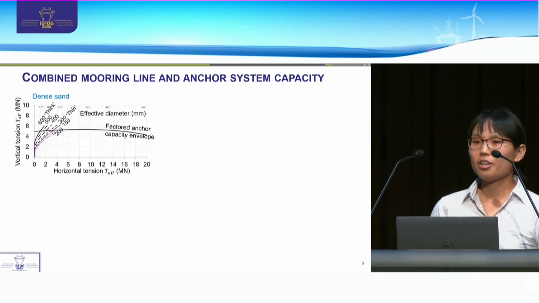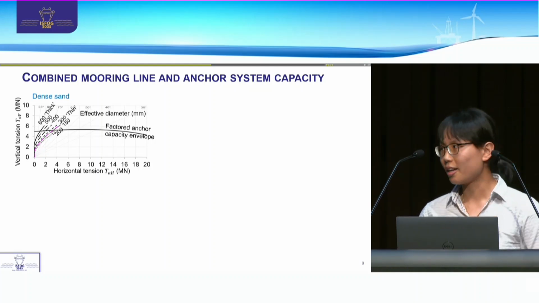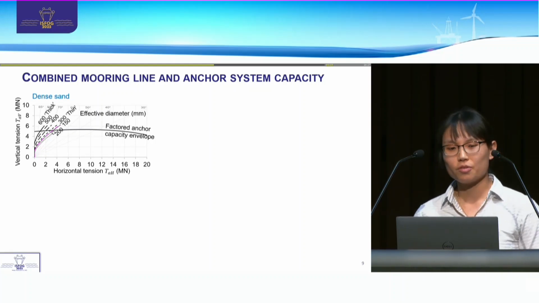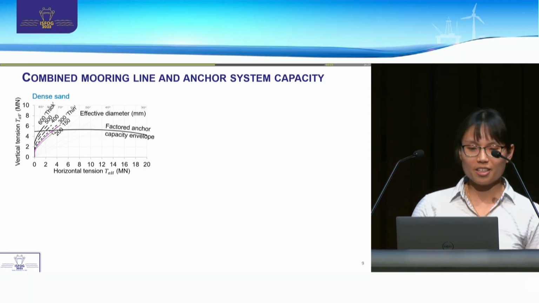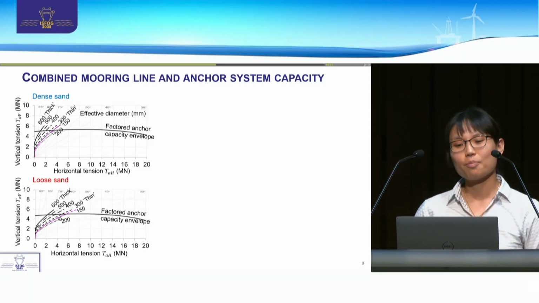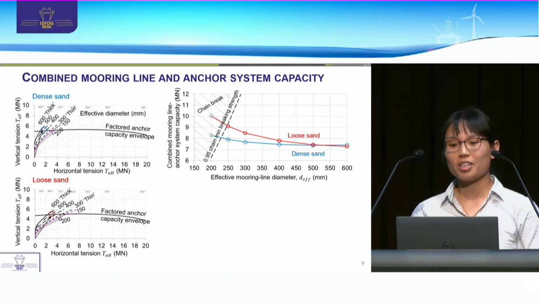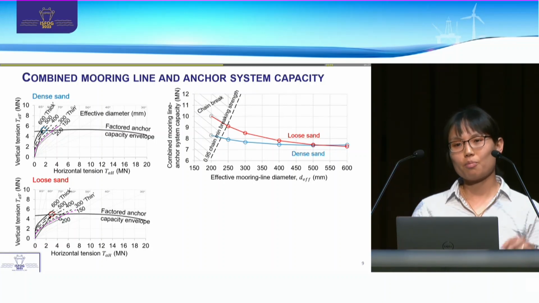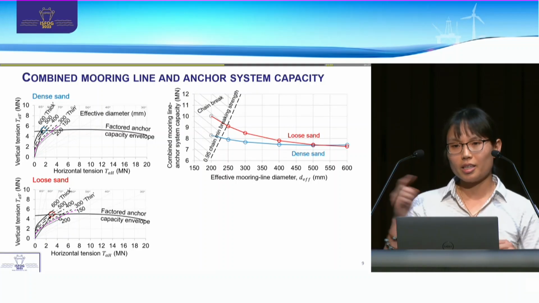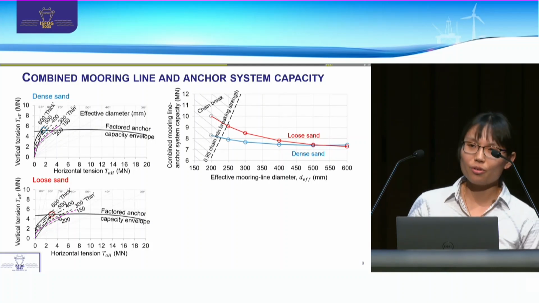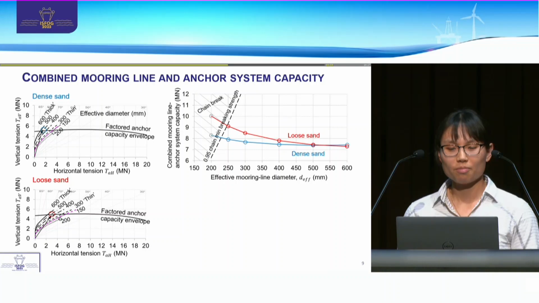So we can use this new formulation to then investigate the combined mooring line and anchor system capacity for a range of different chain thicknesses in a dense and a loose sand. And if we have a look at the combined mooring line anchor system capacity, what you can see here is that for chains thinner than an effective mooring diameter of 500 millimeters, their combined capacity in a loose sand exceeded what you would get in a dense sand, even though the anchor failure envelope is actually smaller in a loose sand.